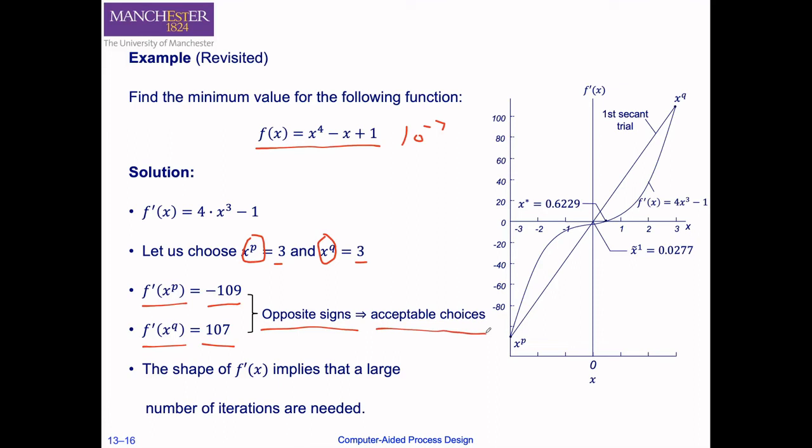If the signs are not opposite, then we need to try other values for xp and xq until the first order derivatives at these two values have opposite signs.